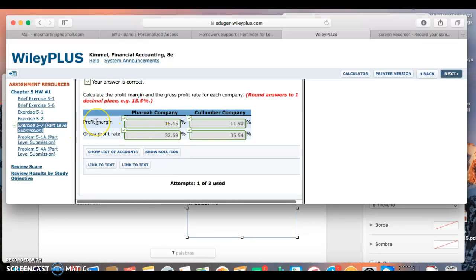And then you compare it to the profit margin, you can think about it like this. Before you pay operating expenses, you're earning twice as much. So 15% times 2 is 30, so a little bit more than twice as much. And in this case, this company is earning about a third. 12 times 3 is 36, so it's pretty much a third.